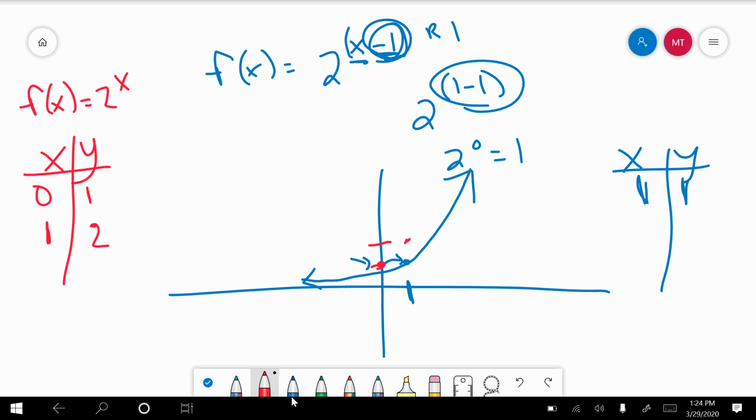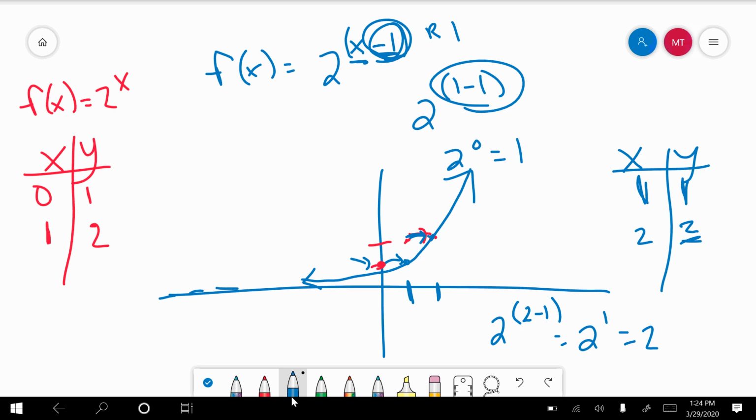That point, I'm telling you, is going to be shifted to the right 1. So now you have to put a 2 in to kick out a 2. And if you check that, if you put a 2 in, 2 to the 2 minus 1 gets me to 2 to the first power, which is 2. So I put in a 2, and that's what kicked out my 2. This point moved over to the right 1.